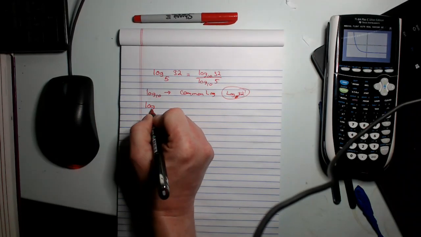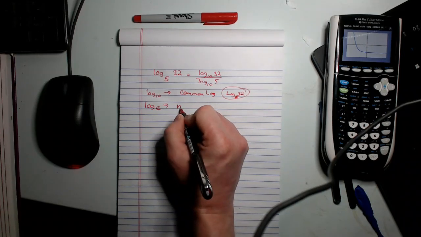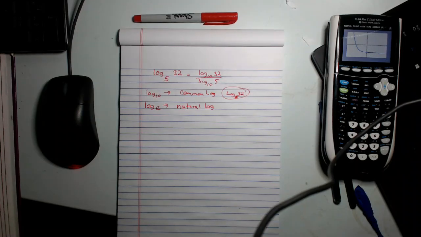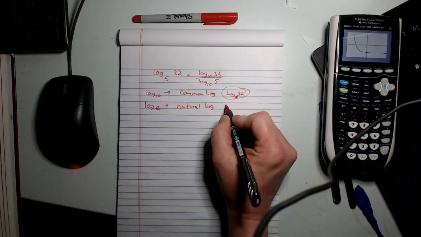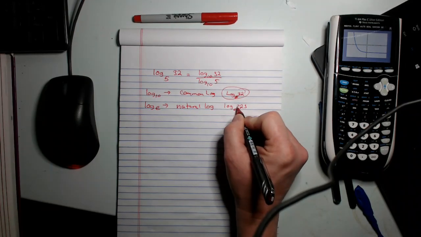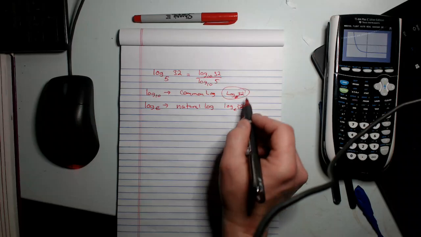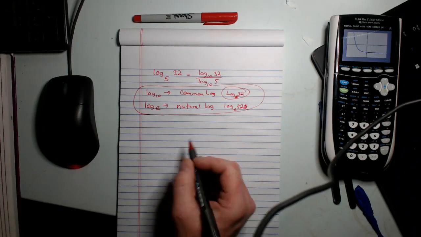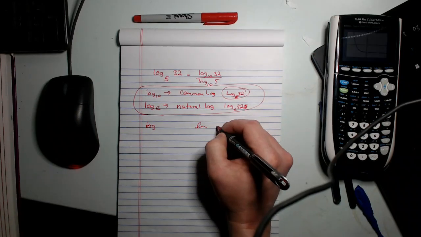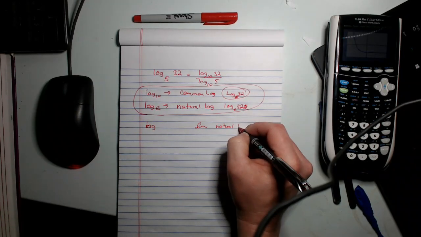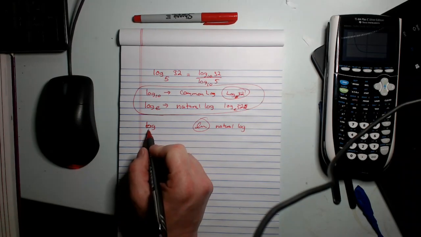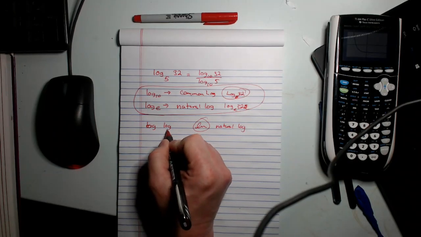If we have a log base e, that's known as the natural log, and that's a logarithm using Euler's constant. But this would represent a log base e of 32. All right, there we go. I know it's confusing, but I always write ln in cursive, and I write the common log as just log.